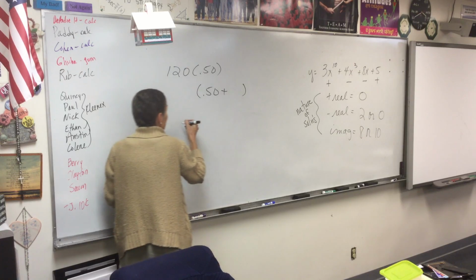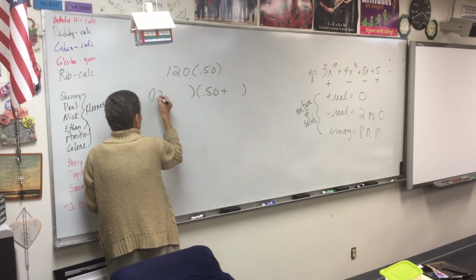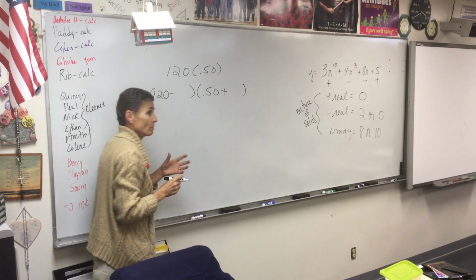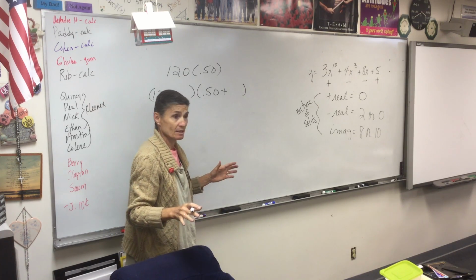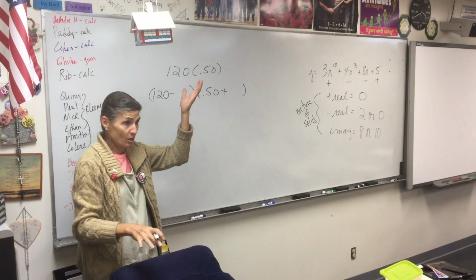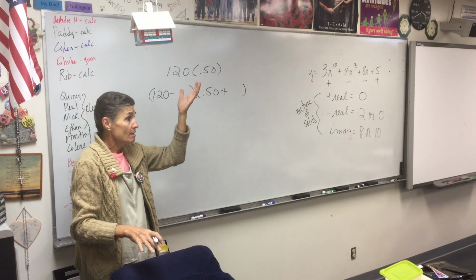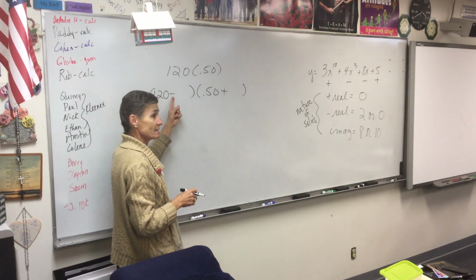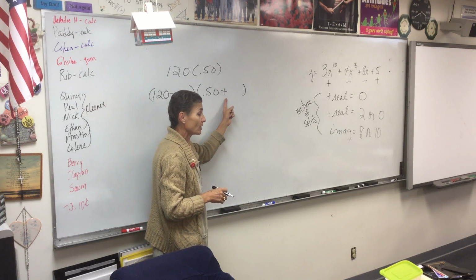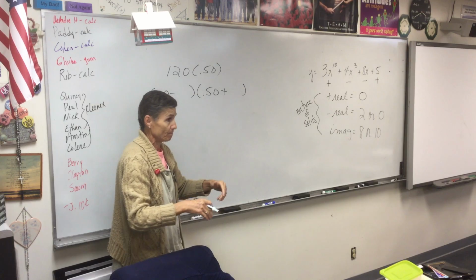And every time she raises her price, the number of cookies she sells will go down. That's basic econ, folks. Price goes up, sales go down. Price goes down, sales go up. So one of these is going to go down and one is going to go up every time.